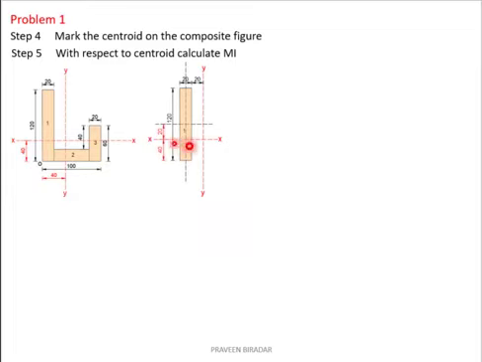For the first figure, I have drawn x and y, the centroidal axes with respect to figure 1. With the individual centroid, I need to measure the distance to the global centroidal axis xx.